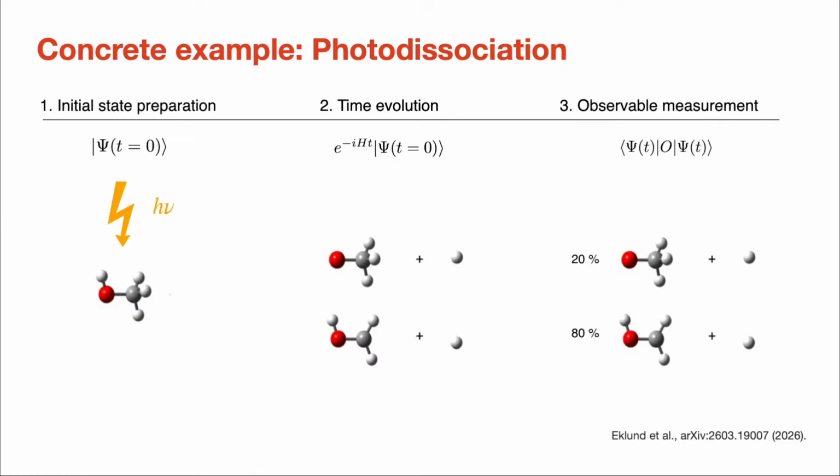Then you evolve it in time, and this is meant to be a superposition of these two possible channels. You get some kind of complicated wave function. And then you make a measurement of an observable, which, for example, will again be a branching ratio. So in this case, it might be there's a 20% chance that this hydrogen falls off, that hydrogen used to be connected to the oxygen, or it might be that this hydrogen, which is connected to the carbon, falls off.